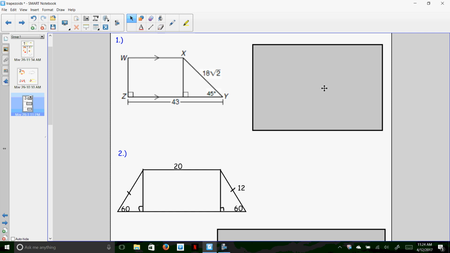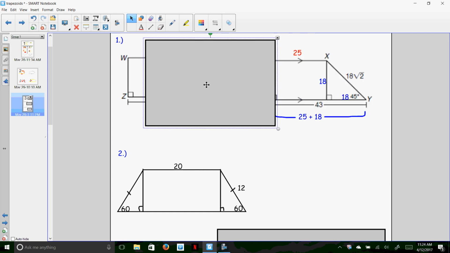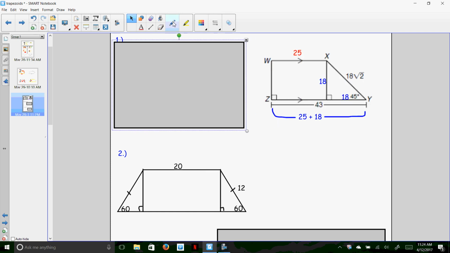Okay, so this is not too similar to the ones I've already gone over. So check this out. All right, so this is a 45, 45, 90. So you have your height. But it's important that you put that 18 down here. So this 18 right here, I'm taking it away from this 43 because I need this section right here.